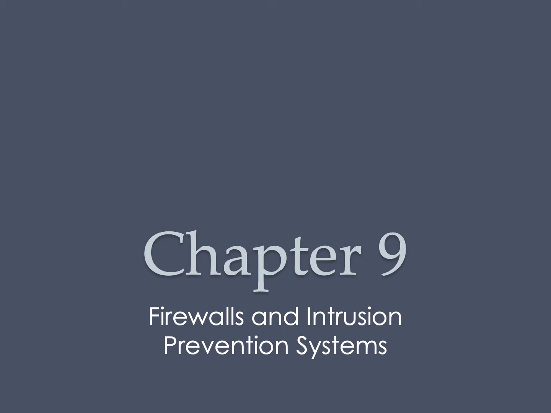In this chapter 9, we'll explore firewalls and intrusion prevention systems. Since many businesses have a presence online, they are involved in commercial transactions, whether they are banks, online stores like Macy's, Gap, Nordstrom, or doctor's offices.